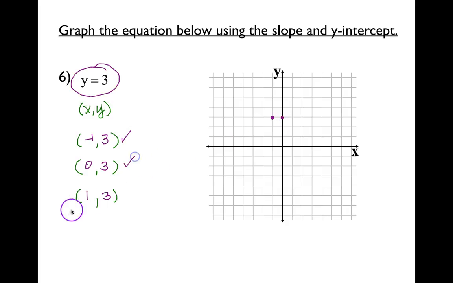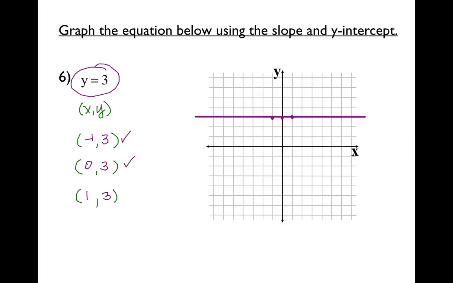Check. And (1, 3). Guess what? That's all you need. Simply draw your line and you're done. Now, don't let this fool you. This is actually very simple. Now, it's not in your notes.